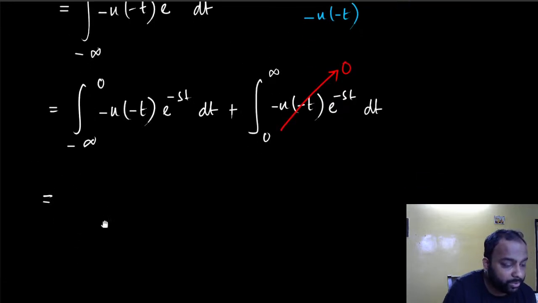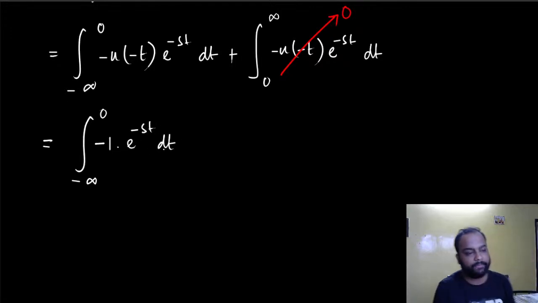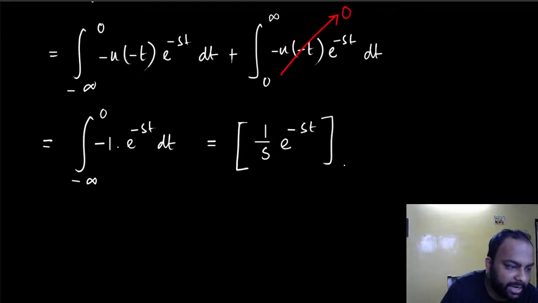So let's write down the limit. That's going to be the limit from minus infinity to 0, and we have minus 1 into e to the power minus st dt. Now if I do the integration, we have a minus sign, then a minus 1 by s, so the whole thing becomes 1 by s times e to the power minus st, with limits from minus infinity to 0.